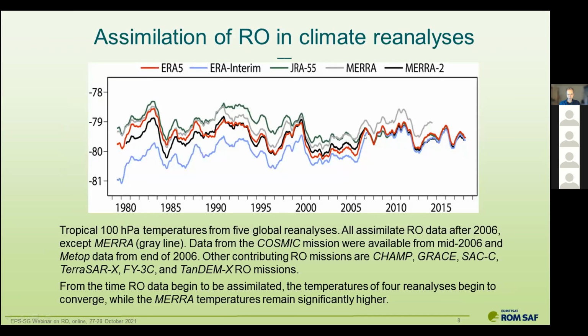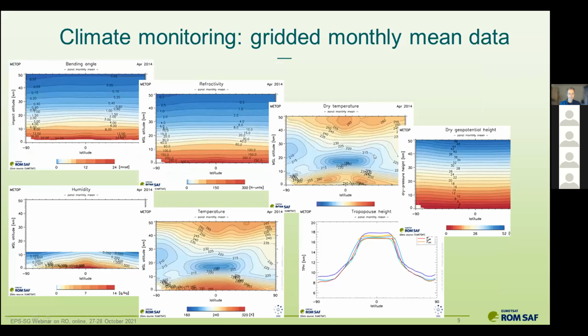That's here. And what we can see is that the colored lines converge quite nicely at the very point where our data started to be assimilated. So in reanalysis, we have this very strong, important impact of RO, similar to what Sean talked about in NWP systems.